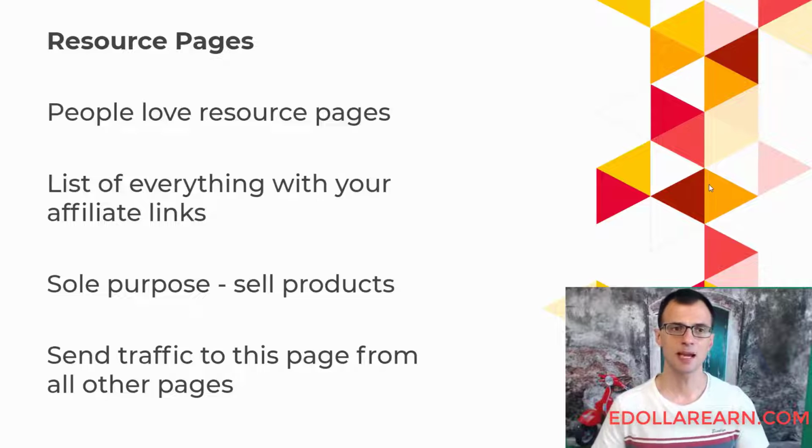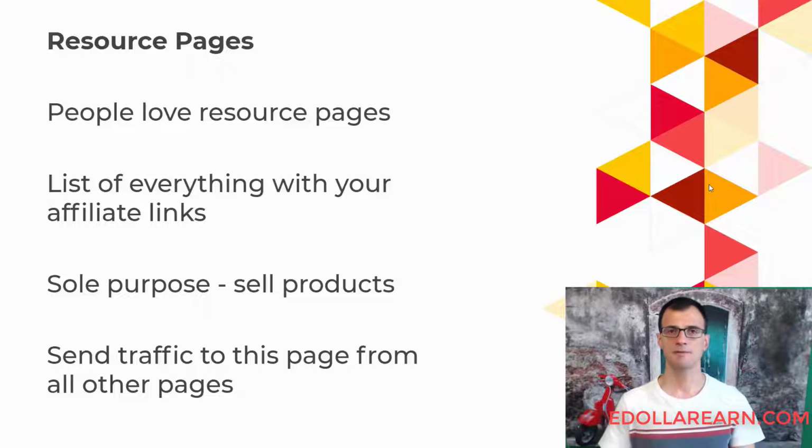The next type of page is a resource page. You may have seen these on different websites. There's usually 1, 2, or 3, not very many resource pages on each website, and it's literally a list of all the possible resources that a person who is in your target market might need.